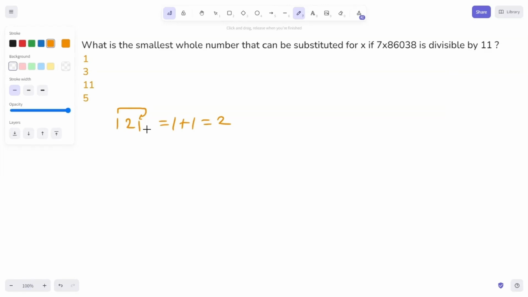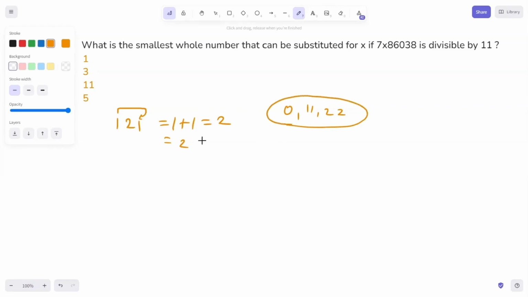If the difference between the even place digit sum and the odd place digit sum is 0, 11, or a multiple of 11, then that particular number is completely divisible by 11.